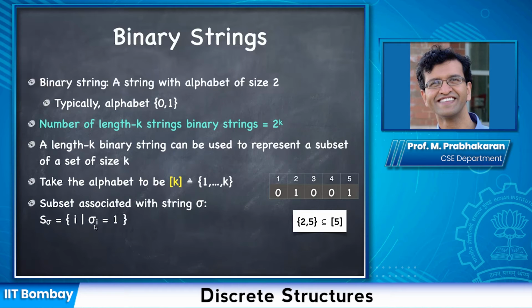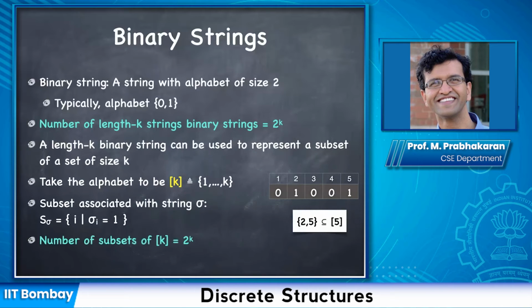So this sigma sub i is just an alternate notation for sigma of i. Since sigma is a string, writing it as sigma sub i, the ith position of sigma, but it's technically the same as the value that the function sigma assigns to the input i. And wherever sigma assigned the value 1, so in this case there are two of them, 2 and 5, those elements are part of my set. So if sigma is 0, 1, 0, 0, 1, S sigma is 2, 5.